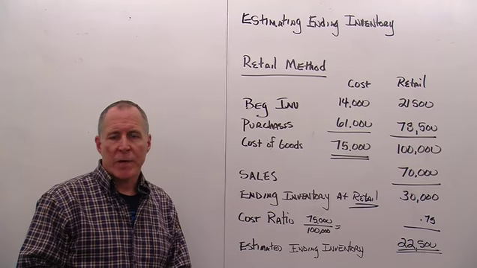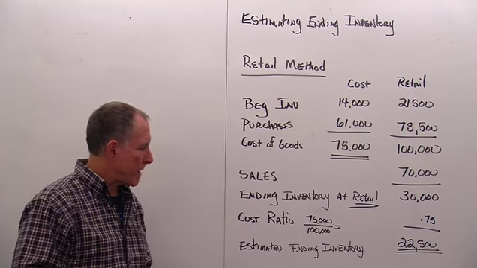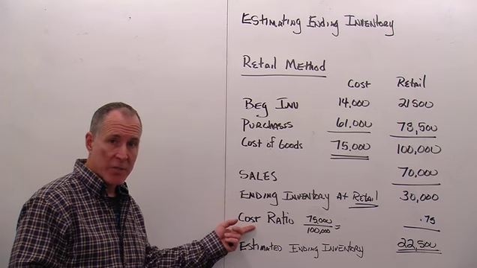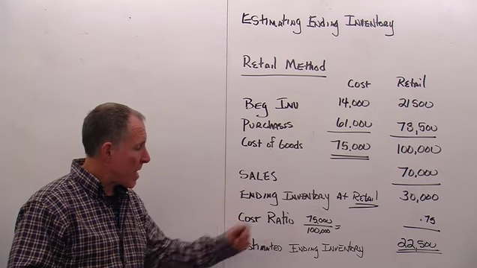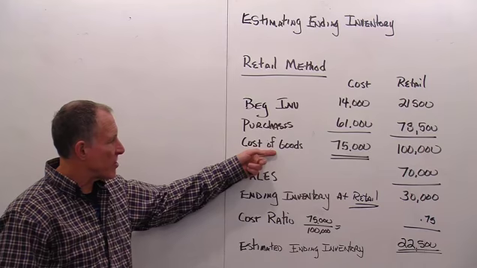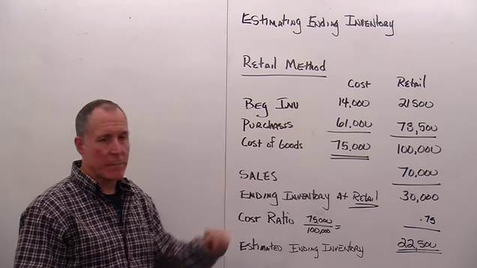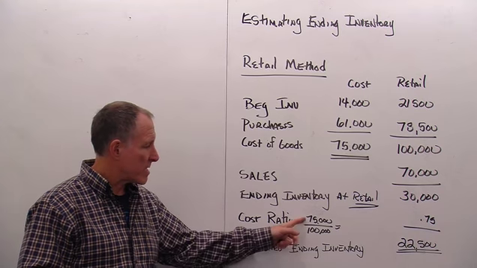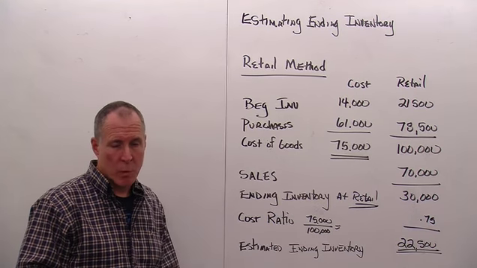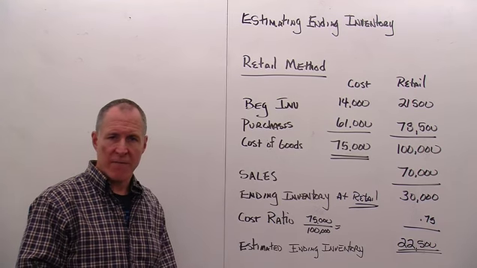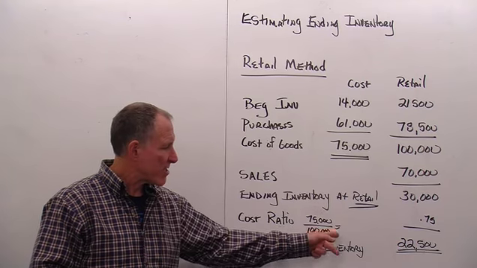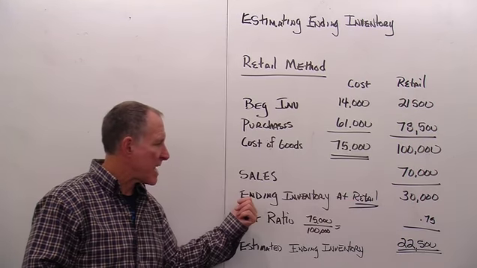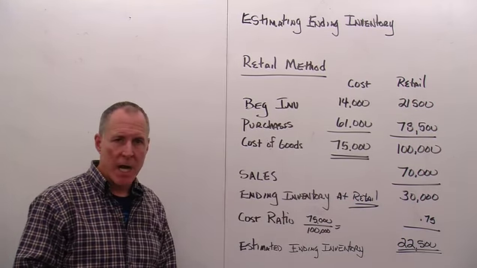So I need to convert the 30,000 to cost. The way that we do that in this format is we devise a cost ratio. That cost ratio is the relationship of the goods available for sale at cost to the goods available at retail: 75 over 100. What relationship is that? 75%. So 75% of the ending inventory at retail is cost.